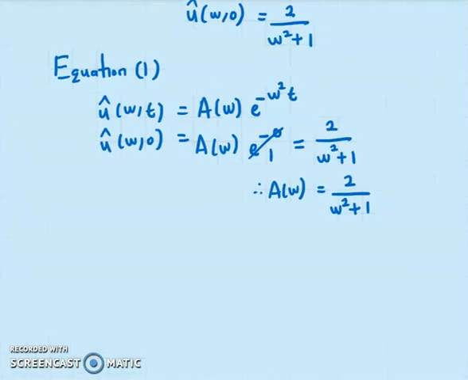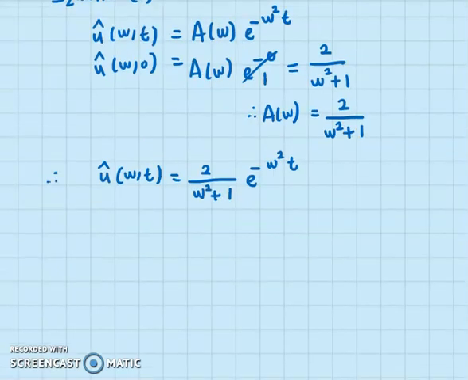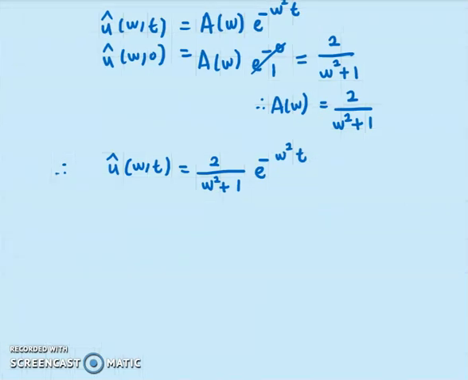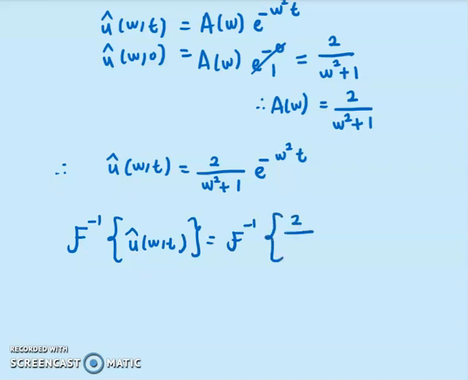Okay, therefore my Fourier transform of this is given by A omega, which is this one, e negative omega squared t. Now this is not the answer because the answer is u x t, so you need to take the inverse of u hat omega t, which is the inverse of 2 over omega squared plus 1 e negative omega squared t. Now the inverse of this is u x t.